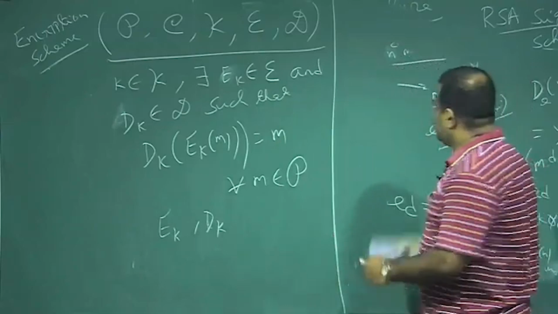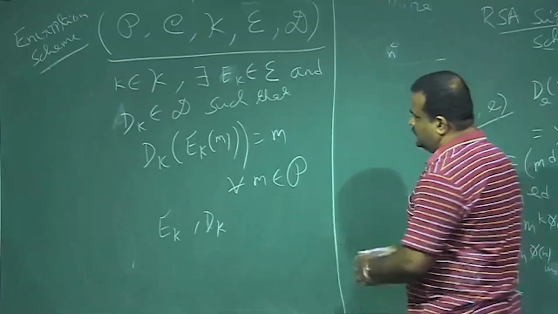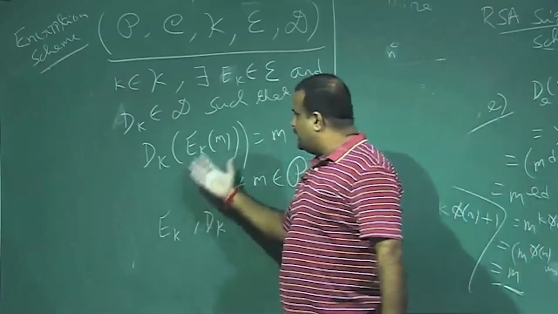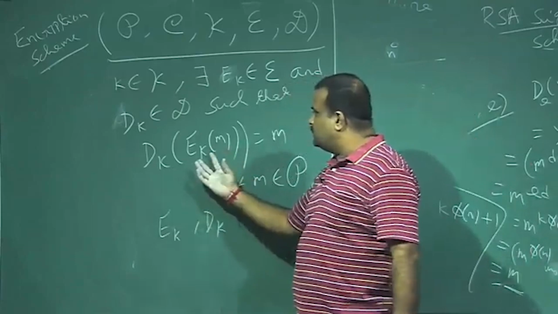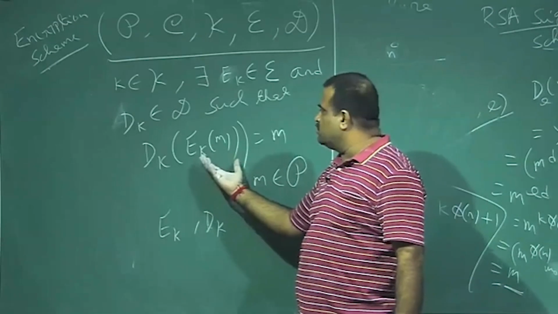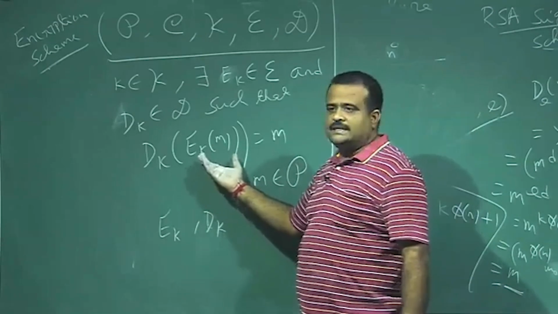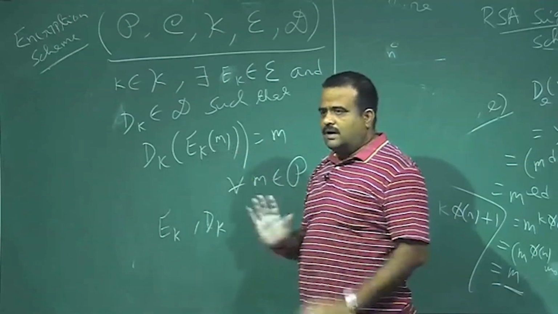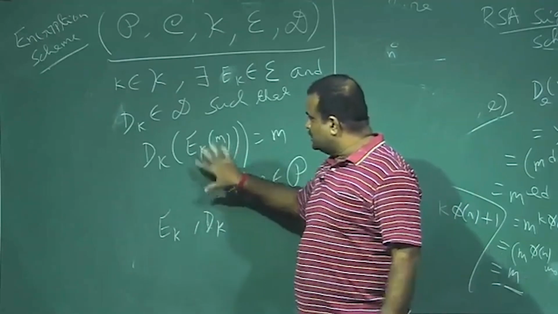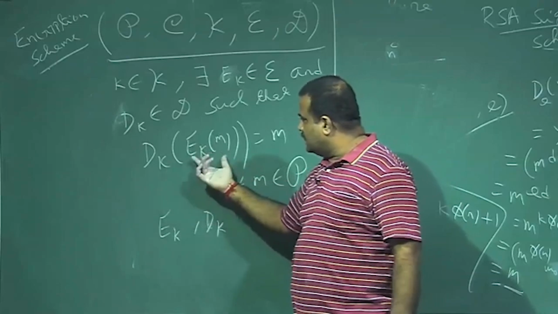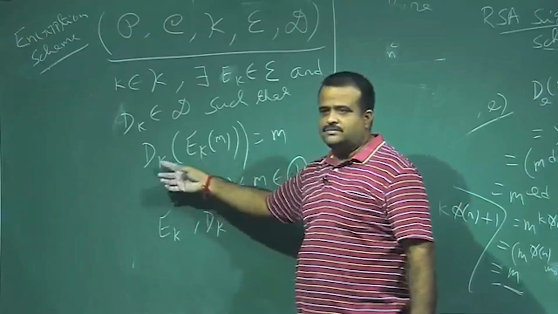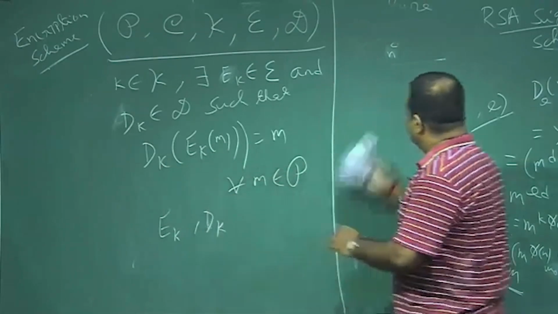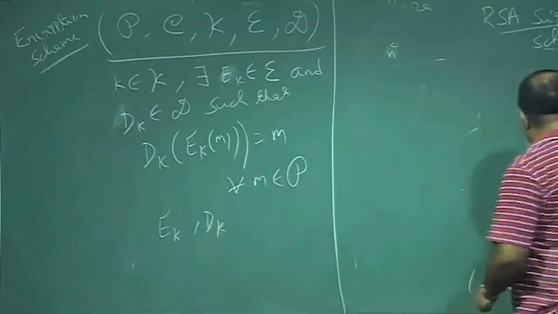So, if you have a message you should be able to encrypt it. It could be DES, AES, or any public key algorithm. The encryption algorithm should give us the ciphertext, and the decryption algorithm should give us the plain text back. So, this is the encryption scheme.